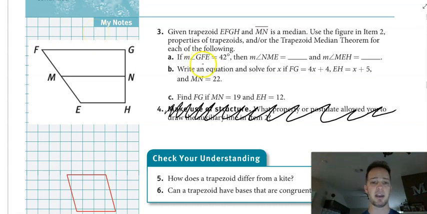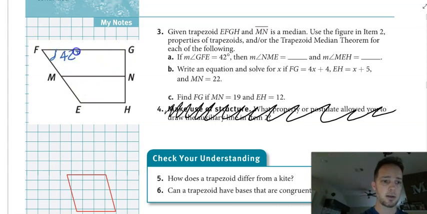If the measure of angle GFE is 42, so GFE, that would be this one here, is 42 degrees, then the measure of angle NME equals what? Well, because this is a median, I know these are parallel to each other. So this is parallel lines cut by the transversal here.